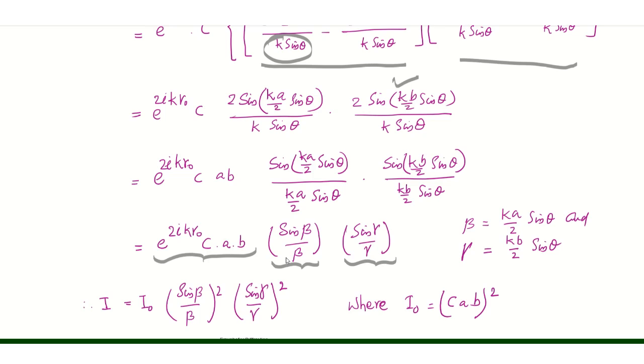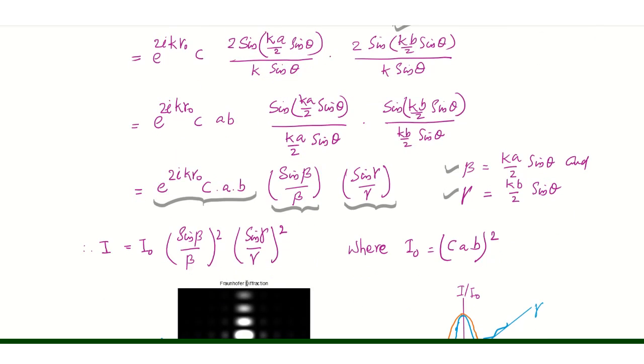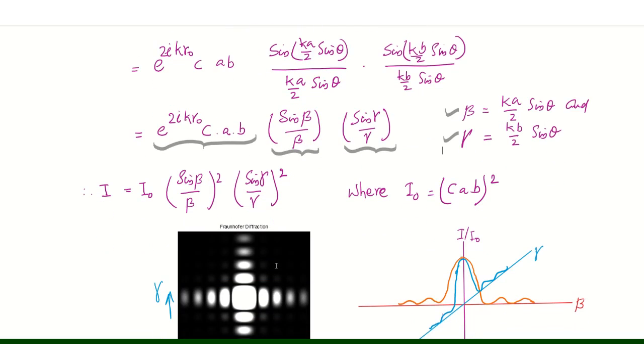There are two sinc functions with beta and gamma given by beta equals ka over 2 sine theta, that is in the x direction, and gamma is kb over 2 sine theta, in the y direction, and therefore the intensity distribution is nothing but this.